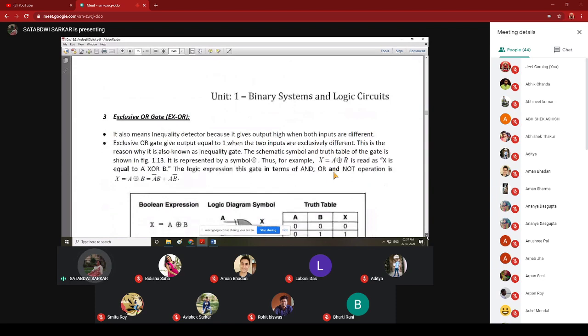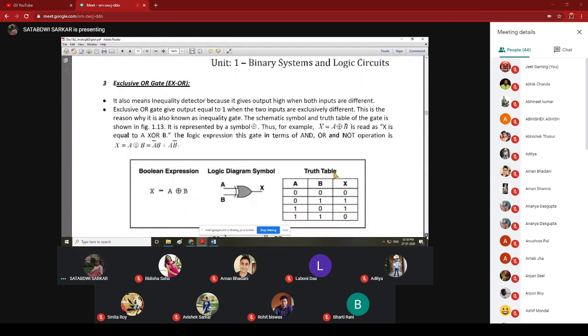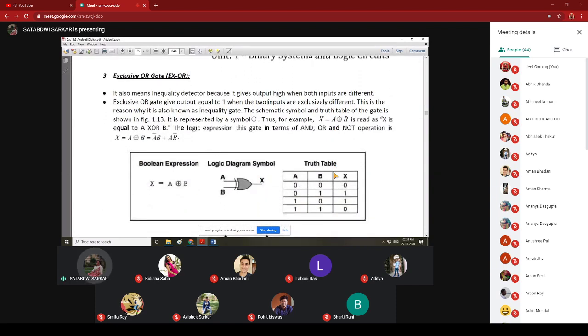This is the exclusive OR or XOR gate. So I told you that the exclusive OR gate output is equal to 1 when the two inputs are exclusively different.